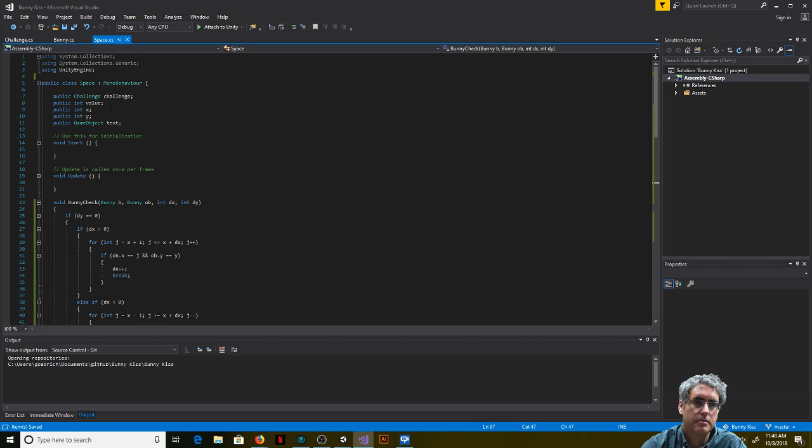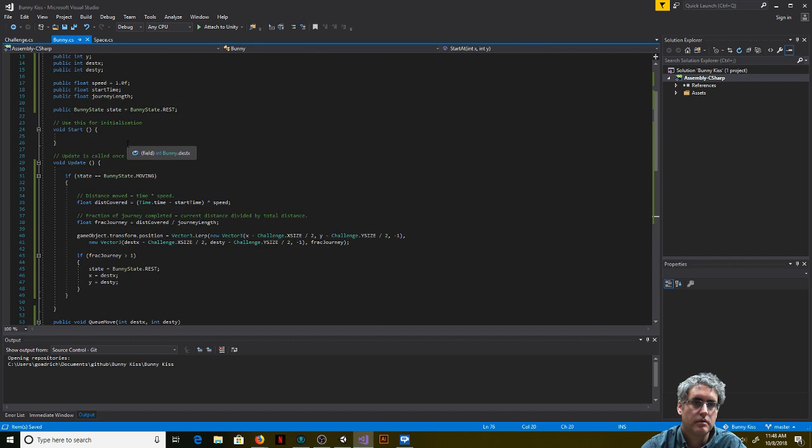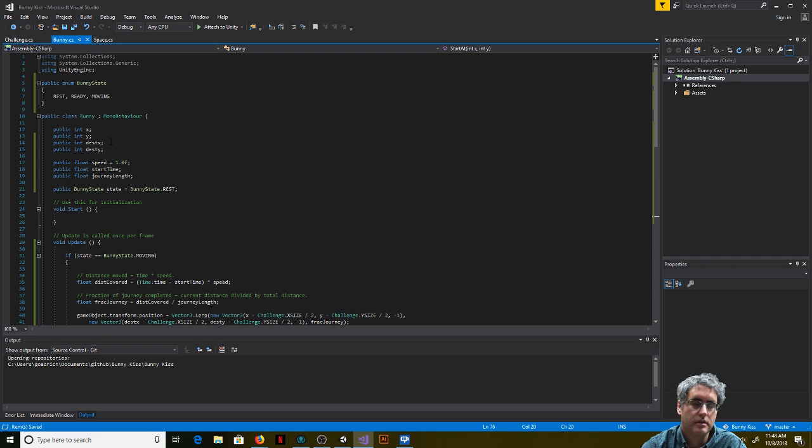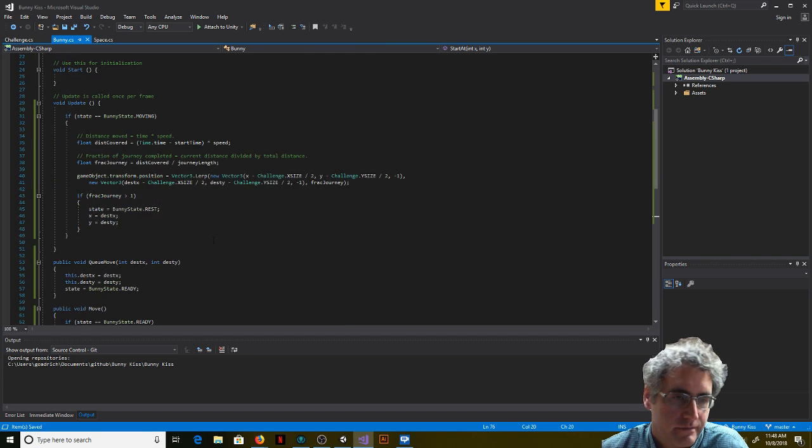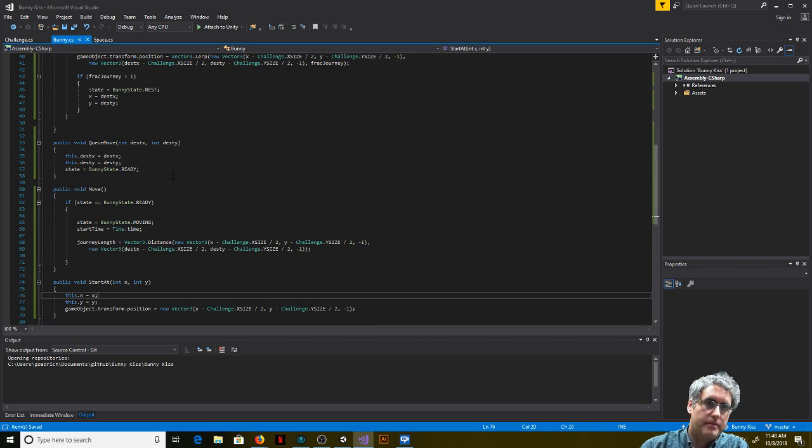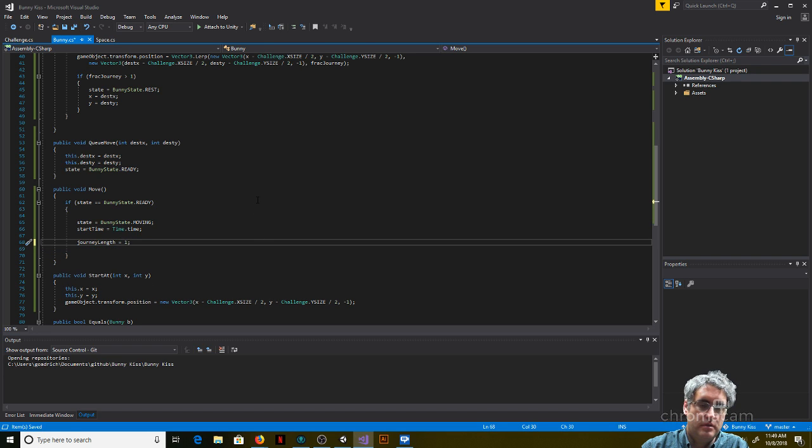But I am not happy with this speed idea. I just want them to go quickly. No matter what the distance is, it should always take a certain amount of time, right? So journey length is just going to be equal to, let's say, 1.